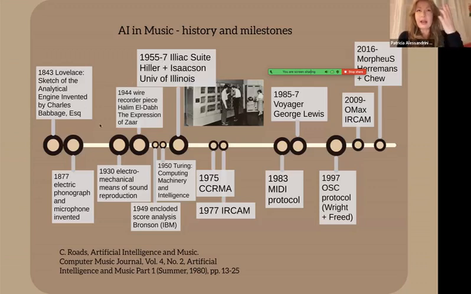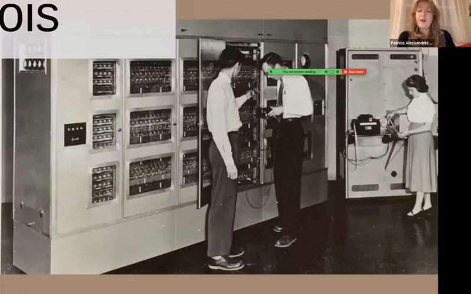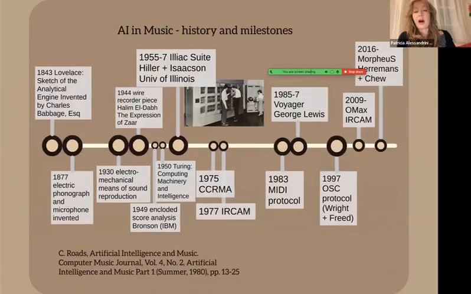So Ada Lovelace's theorization of a computer creating music is just incredibly early and incredible to contemplate. I always like to show this photo from the University of Illinois where one of these important first experiments was done, because you see there's a woman who's operating the machine, because of course those early jobs in telecommunications were largely occupied by women.